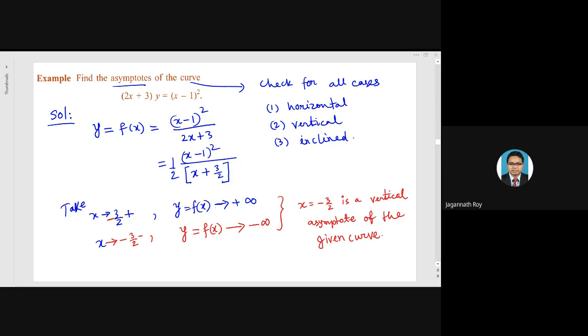Equals to minus 3 by 2. So let me just show you the graph, how it will look like.